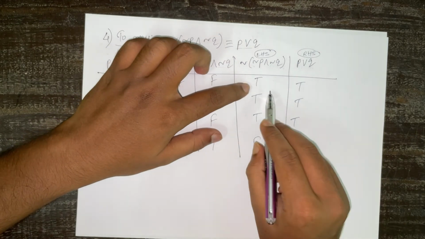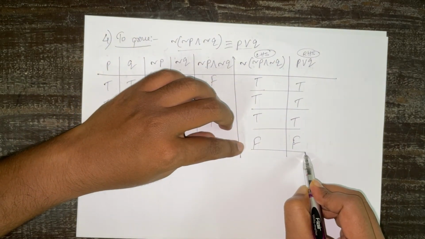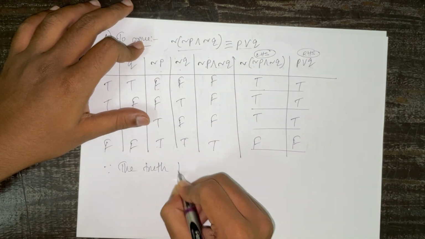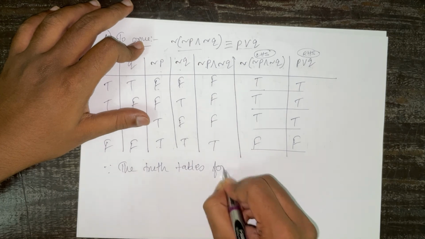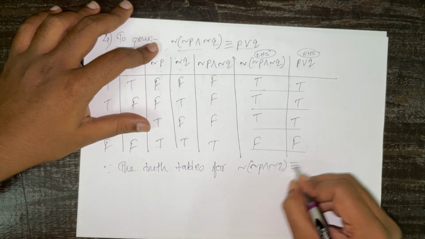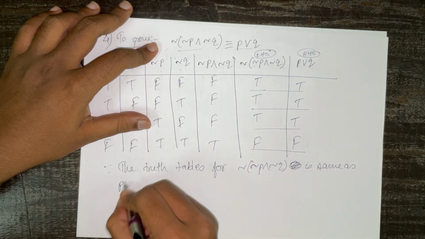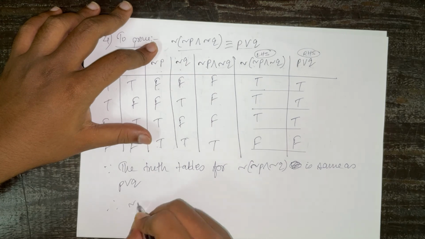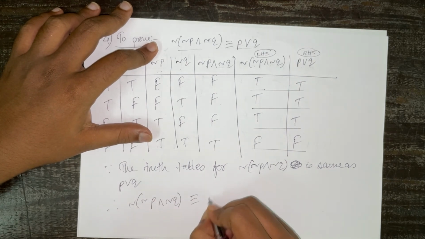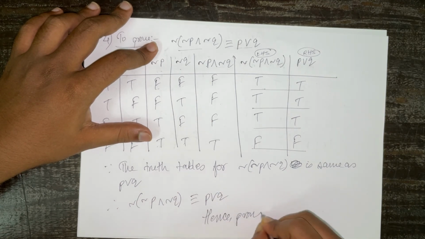So from here you can see these two are exactly matching. Okay, so since the truth tables for negation of p, disjunction negation of q is same as p disjunction q, therefore negation of p, conjunction negation of q is equivalent to p disjunction q, hence proved.